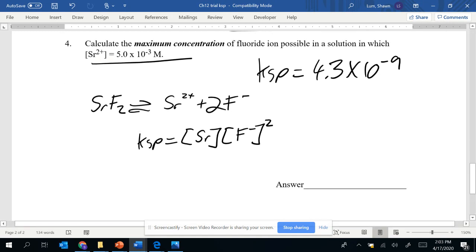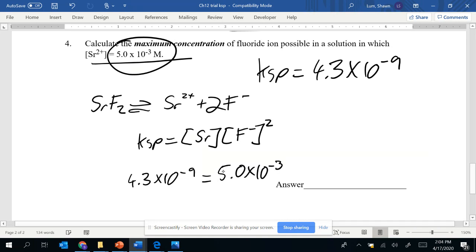So it's going to be 4.3 times 10 to the minus 9 equals the concentration of Sr, which is 5.0 times 10 to the minus 3, times F minus squared.